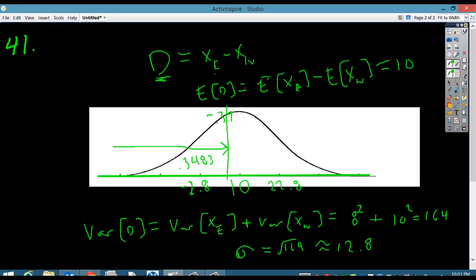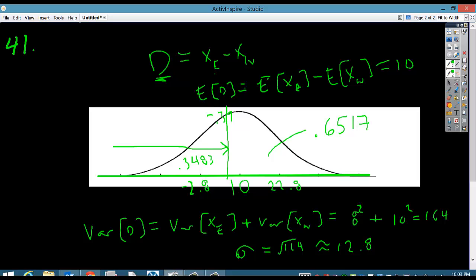Since this is an at least problem, we want the area on the right, so 1 minus 0.3483 gives us 0.6517. That's part B.